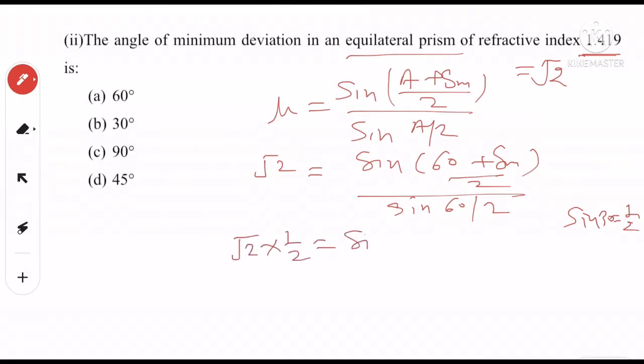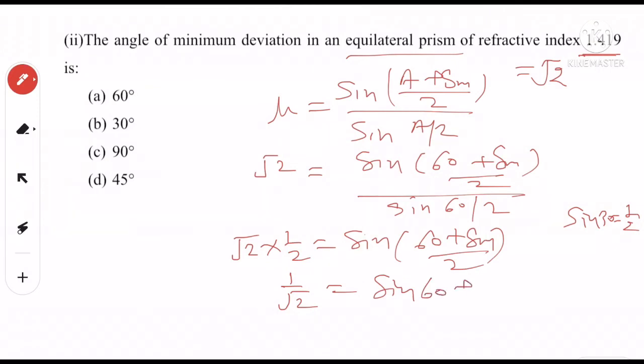This will be equal to sine (60 plus delta minimum) upon 2, or 1 upon under root 2 is equal to sine (60 plus delta minimum) upon 2, and this will be equal to sine 45.